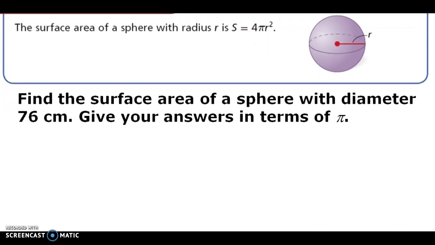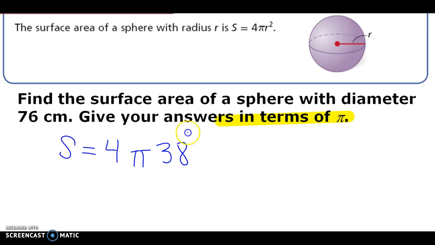Okay. So let's find the surface area of the sphere with diameter of 76 centimeters. Leave your answer in terms of pi. So surface area is equal to 4 pi with our radius. Be careful. 38, half of the diameter.